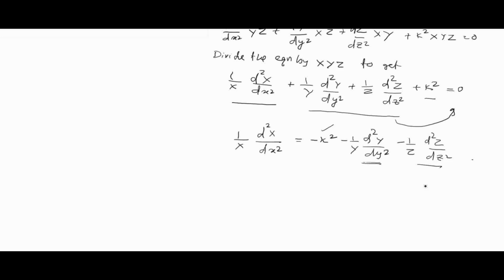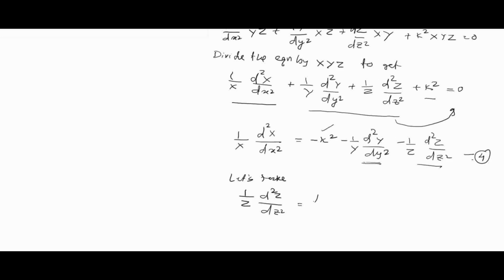So how can we do that? Let us take 1/z. This is equation number 4. Now let us take 1/z d²z/dz² is equal to, say, minus, we can say lambda², or here k is there, l, m, let us take l².